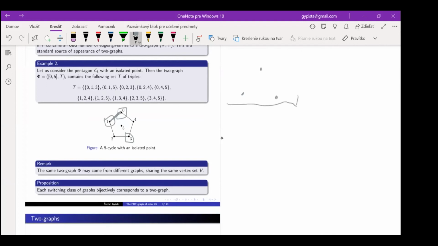If a triple appears in the two-graph T, and we switch the graph with such cells that all three vertices are in the same cell, then of course to this triple nothing is going to happen. And there is just one more option.